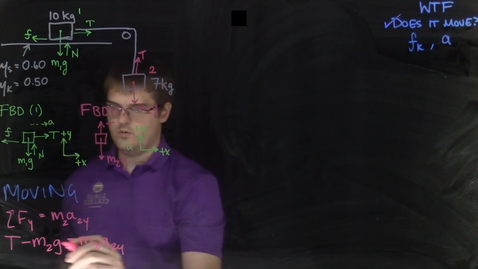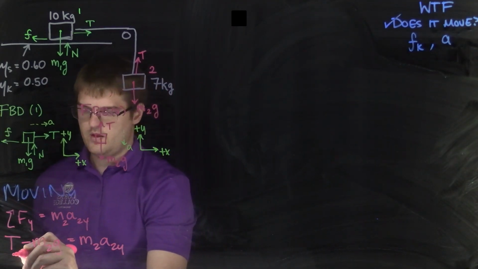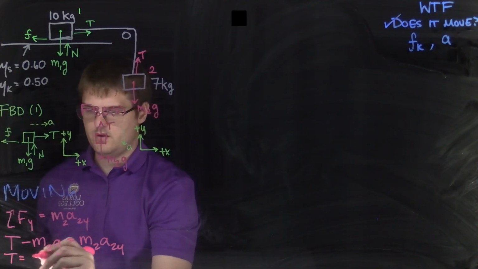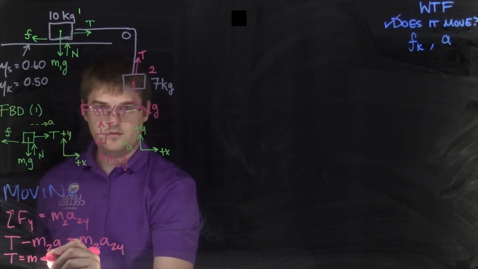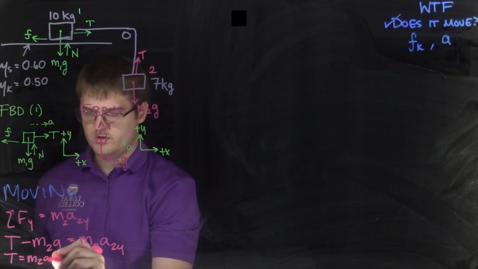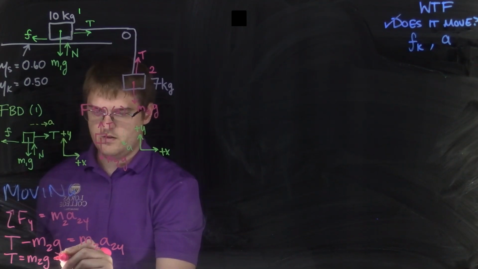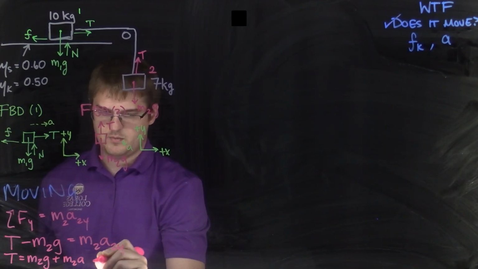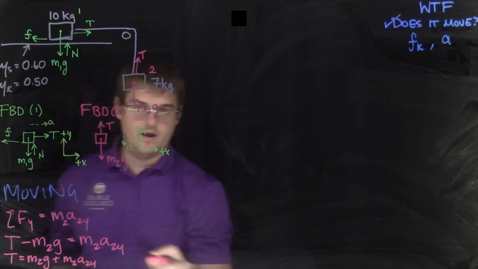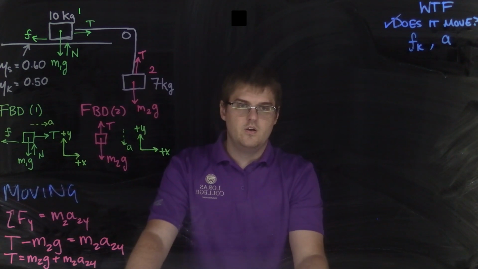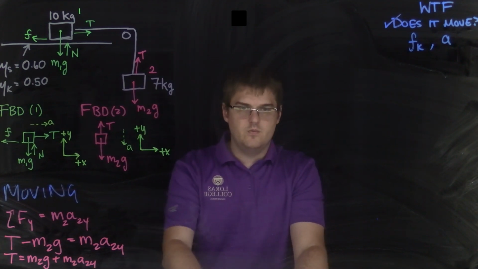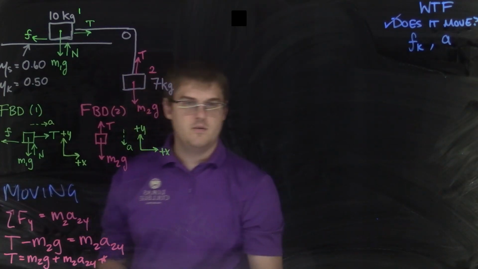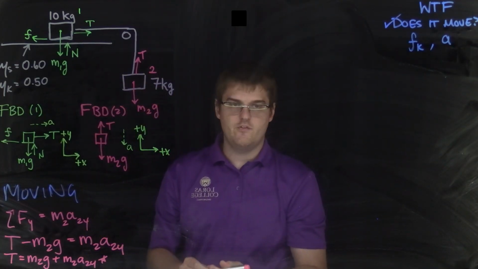So I'm going to solve it for tension. My tension is going to be equal to my mass of object 2 times gravity plus my mass of object 2 times my acceleration of object 2 in the y. And we will get back to that. We now have that condition, but we don't have enough information to solve it.